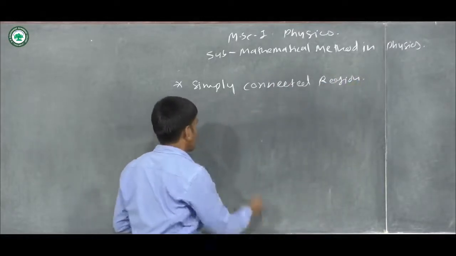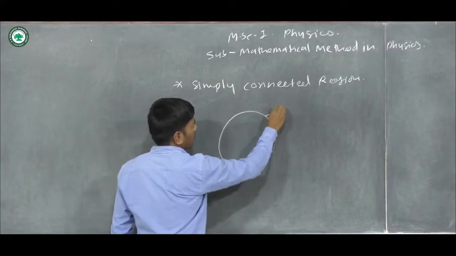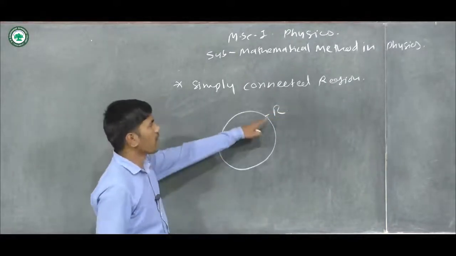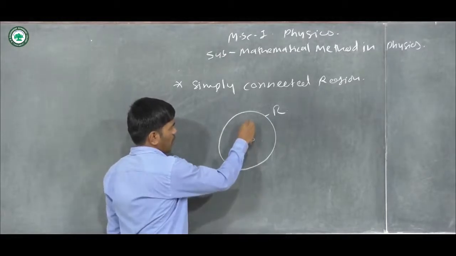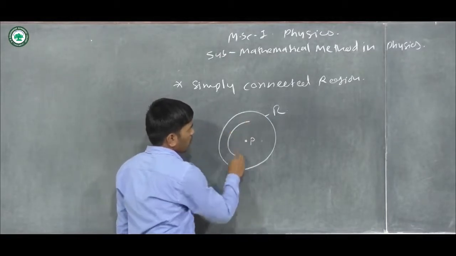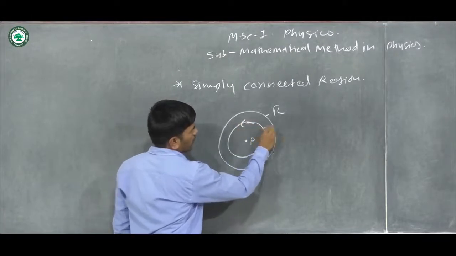This is one region we consider, which we define with R, and in this region suppose there is a point P and one closed loop or closed curve.